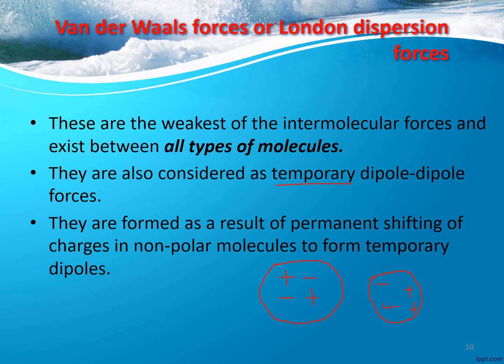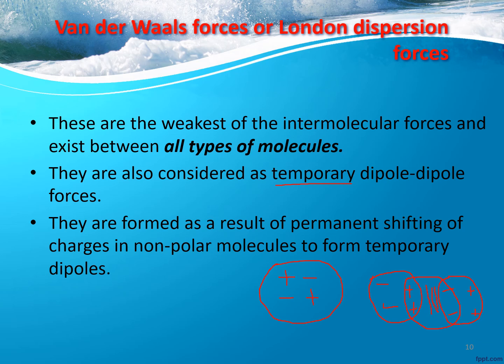And if it becomes like this, then the neighboring molecule will be forced to rearrange its charges, and we get negative to this side, and the positive to the opposite side. As a result, the temporary positive pole and the temporary negative pole will generate some attraction forces, but which are weak.